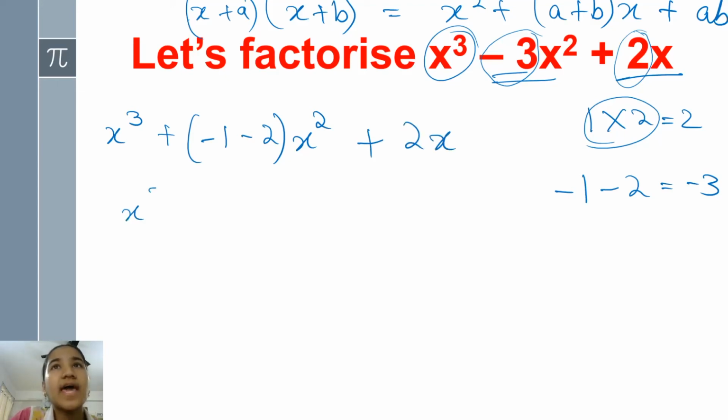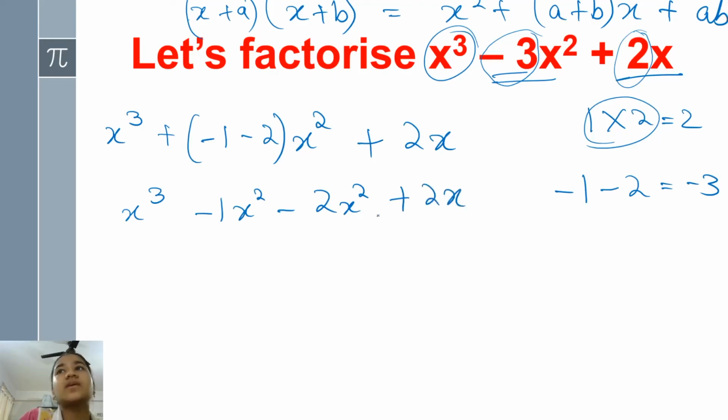Next, x cube plus, now we have to remove the brackets, right? So when you are going to remove the brackets, you will get minus 1x square minus 2x square plus 2x. Now group the terms. It's not going to support this x, it's x square, but still we can solve it. Let's see how. What is the common thing over here?